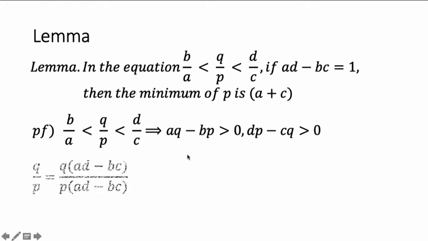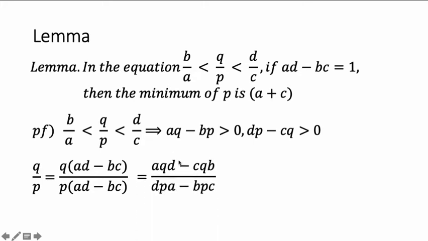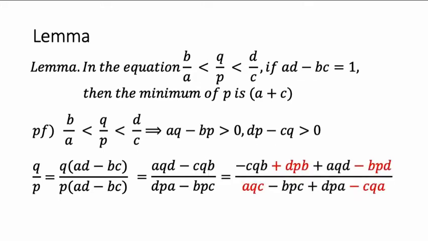If we look at q over p and multiply it by 1, which is ad minus bc, we'll get this. Notice we have aq and we also have cq. So we now try to add these terms in red so that they will form this.